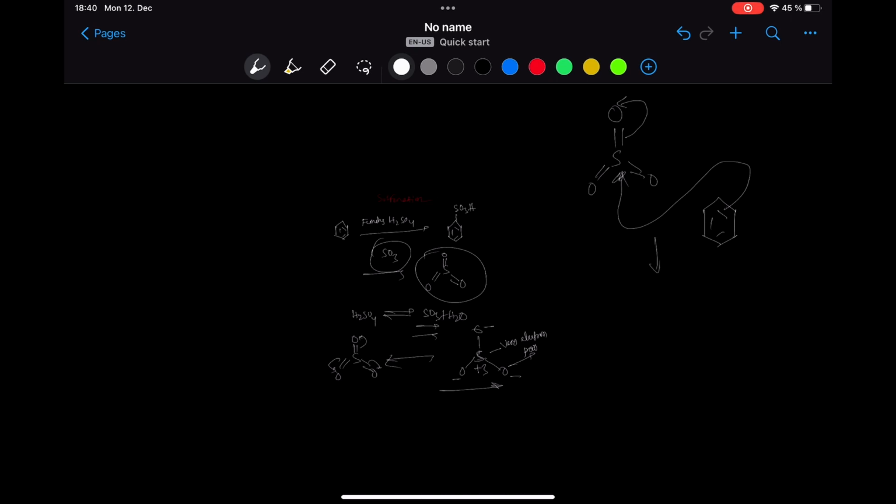So we'll form an intermediate. This oxygen atom has a negative charge on it, and we had a double bond here within this benzene ring, but the double bond between this carbon and this carbon is broken right now, so this carbon has a positive charge, as this carbon is already attached to a sulfur atom.